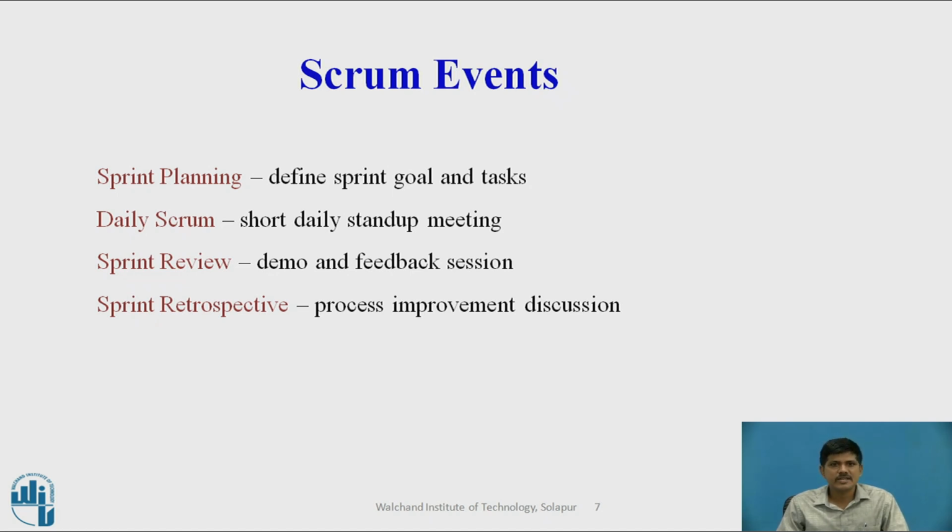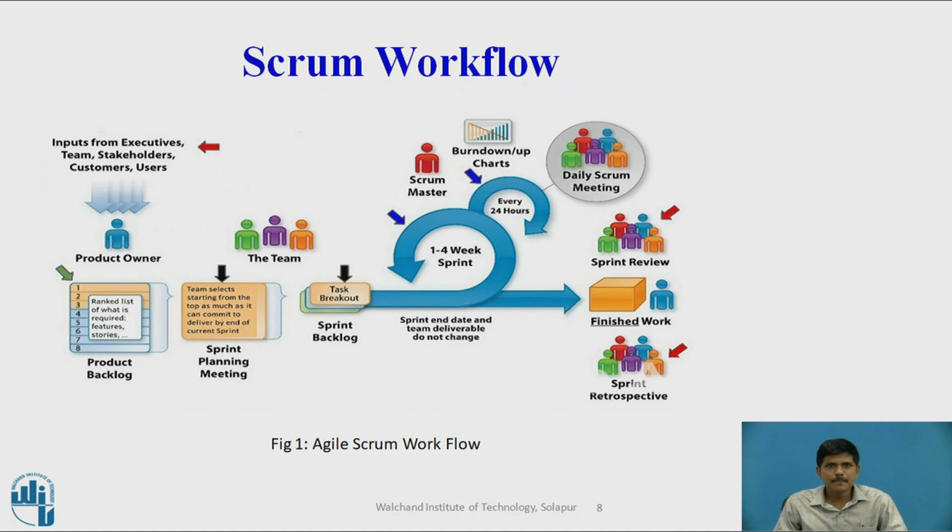Next is the sprint retrospective. Once we complete the sprint, we have a discussion about what things we did very well in the current sprint and what things went wrong, so that we can make improvements in upcoming sprints.